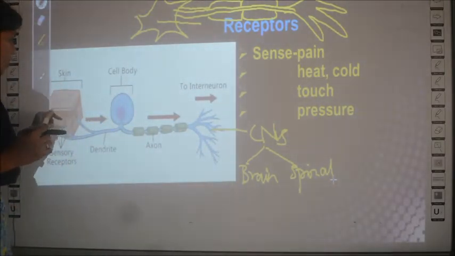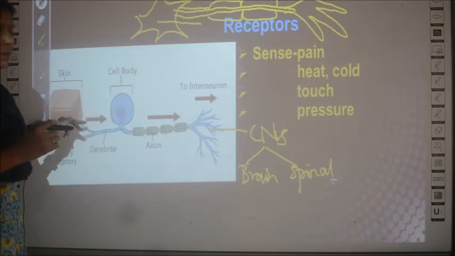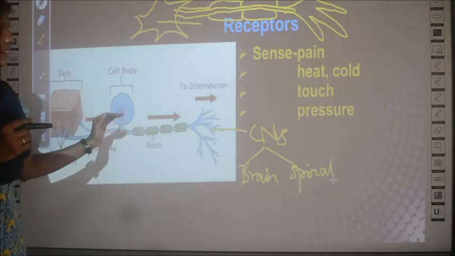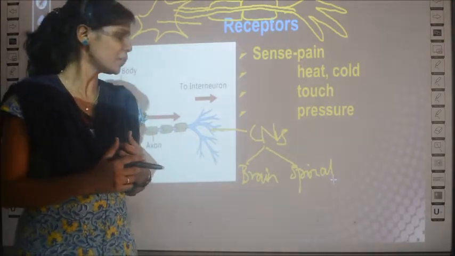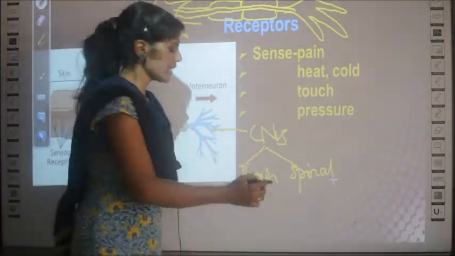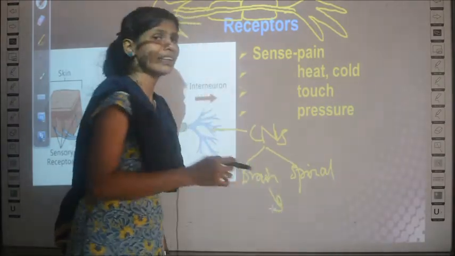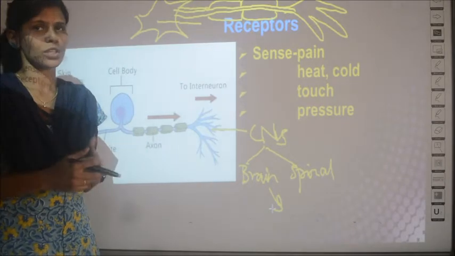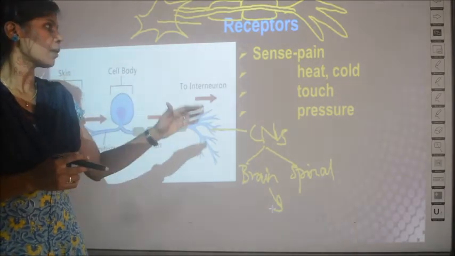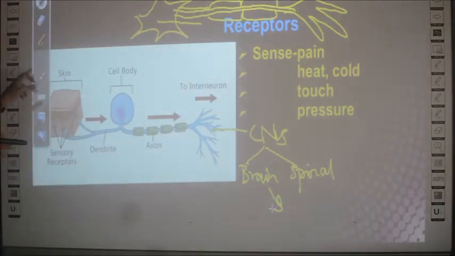The message is carried by the sensory neuron directly to the brain. Now the brain will instruct the effector. The effector is the muscle. It will instruct the muscles of your body to respond to these changes. This is the process happening.